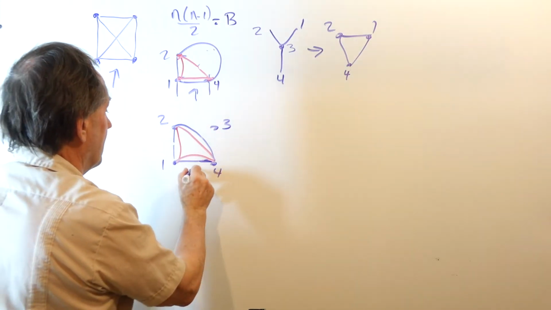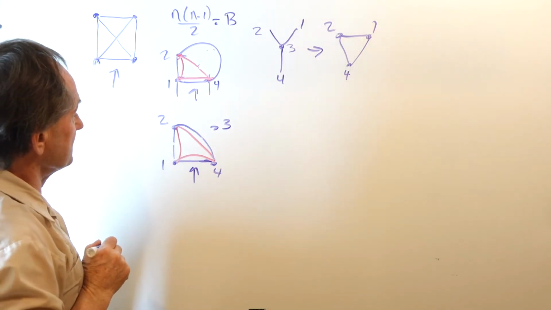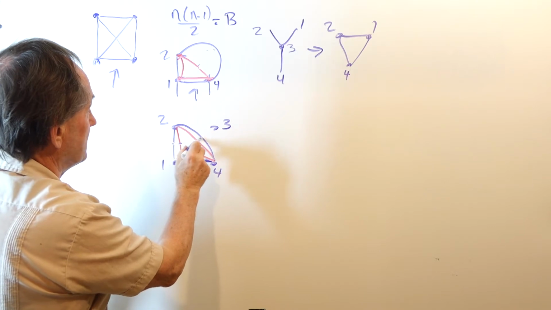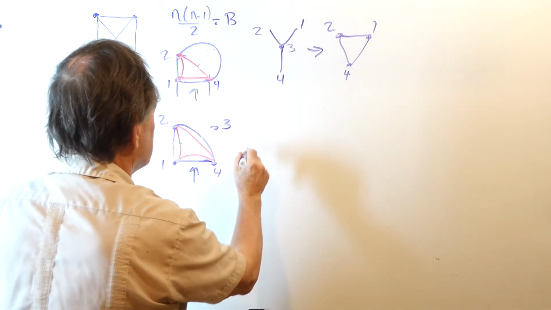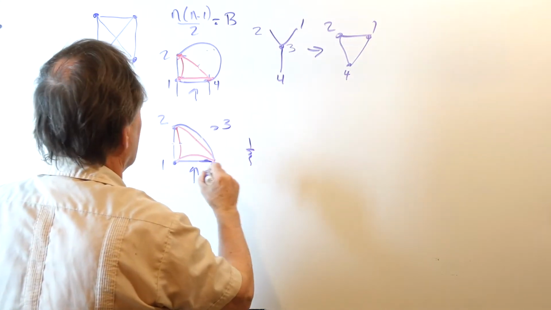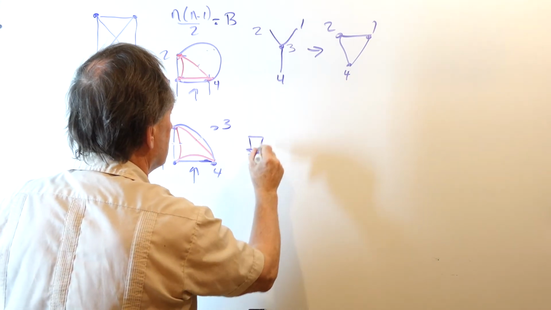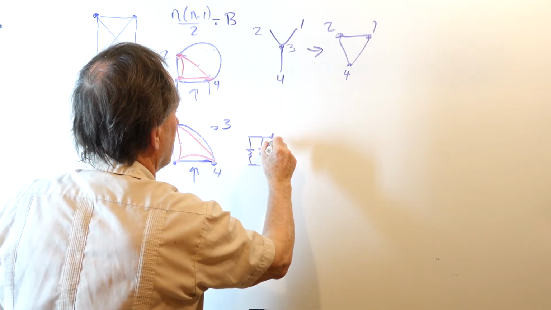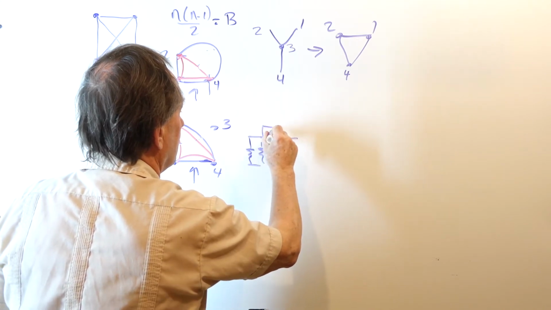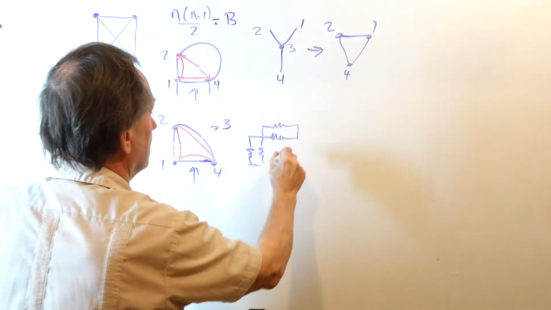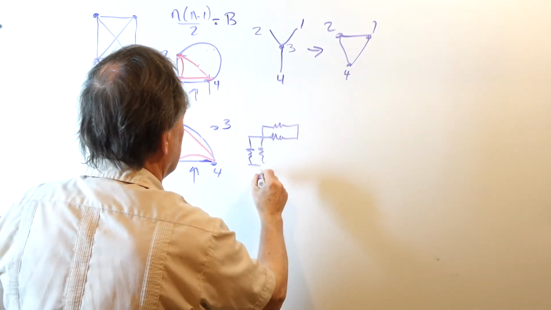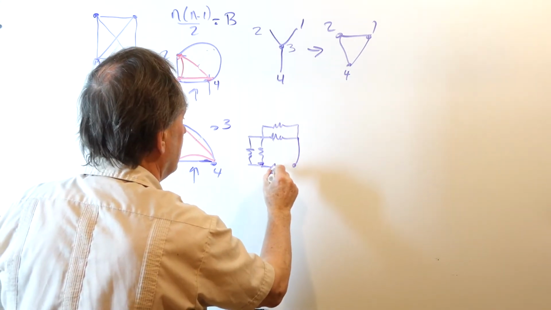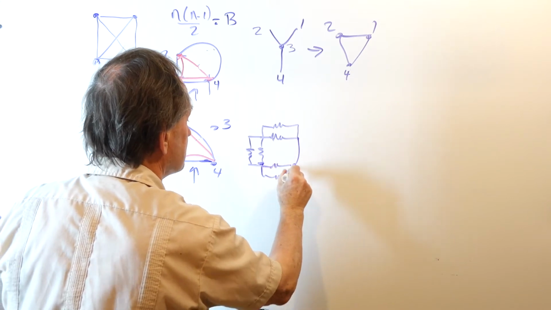So if we want to find the resistance in here. We have a parallel combination here, in series. So this is basically this, like this. And then we have this. And then that comes down to here. And we have a resistance here and a resistance here.